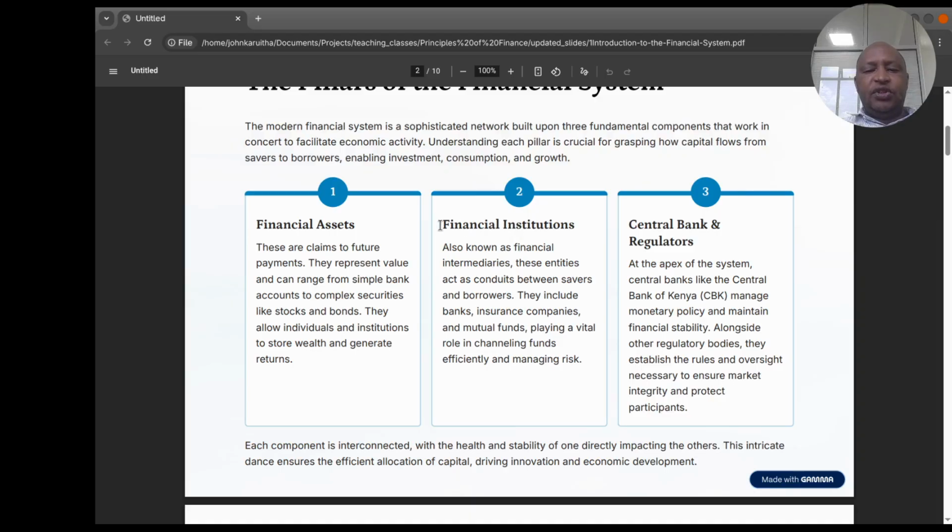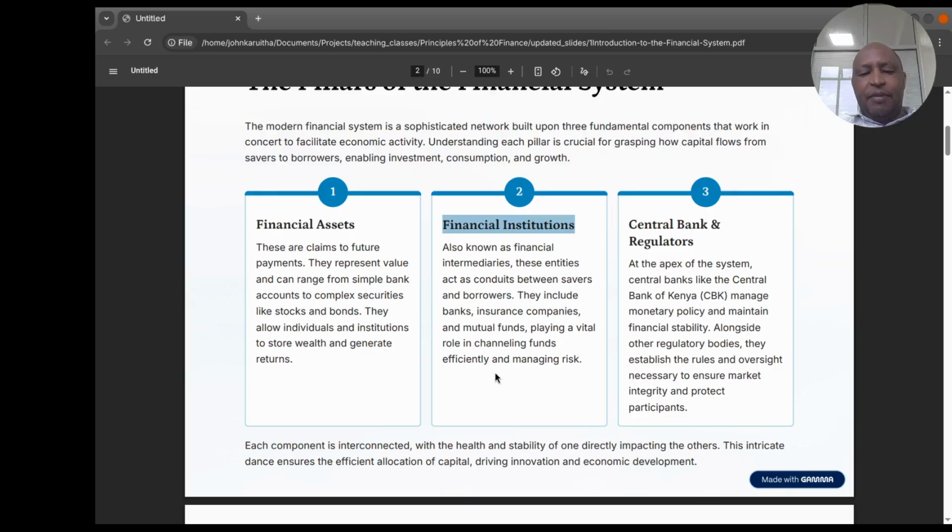We have financial institutions which are divided into two: financial intermediaries like commercial banks, insurance companies, microfinance institutions, credit reference bureaus. These ones, people fear them very much, CRB. Credit reference bureaus, SACCOs, pension funds, mutual funds, and so on. There are so many. Then we have financial markets, like the Nairobi Securities Exchange, the Johannesburg Securities Exchange.